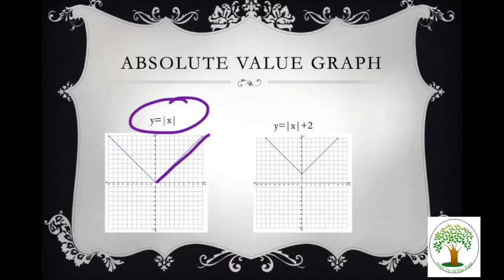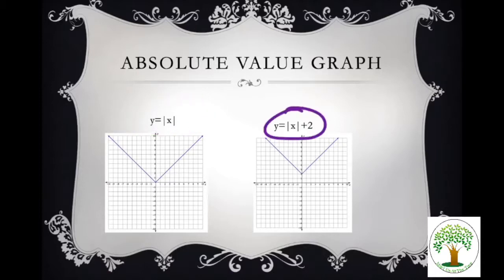Now, if I add a 2 to the outside of this equation, what does it do to this graph? I want you to notice that it moves it up 2 spots. You might have put something, hopefully on the worksheet, like moved up by 2. Okay.